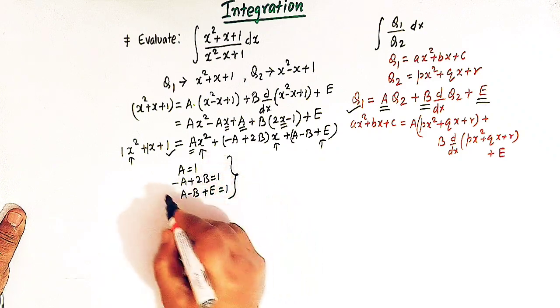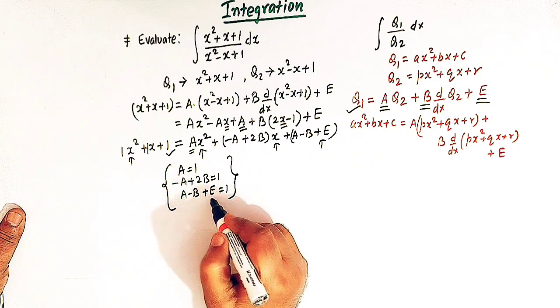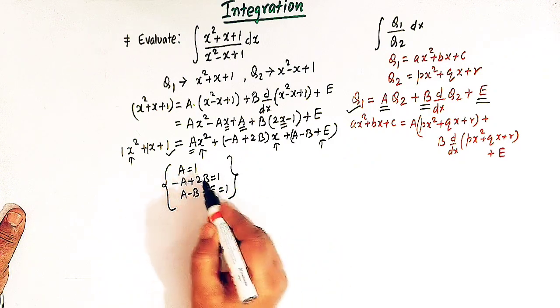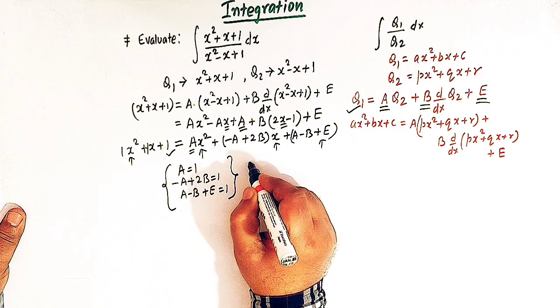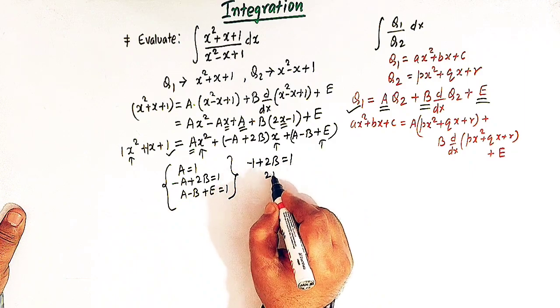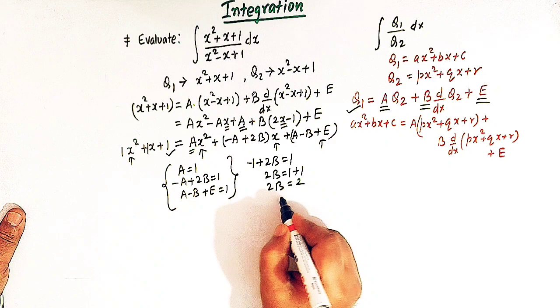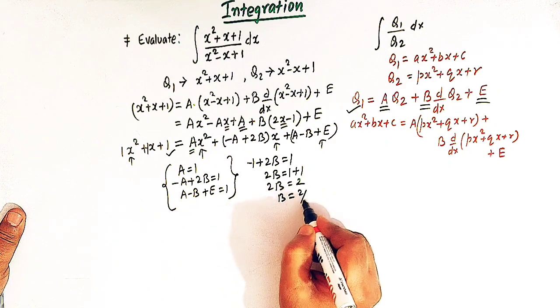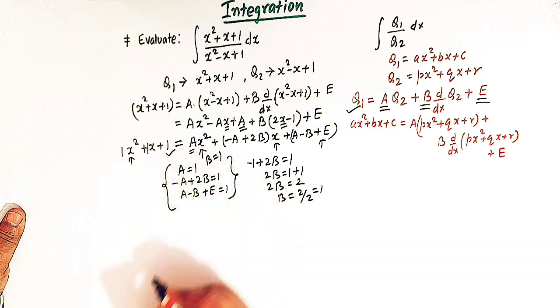So now we have three equations and three variables. So here a is 1. Taking a is equal to 1 in this equation, we have minus 1 plus 2b is equal to 1. So 2b is 1 plus 1. 2b is 2. So b is 2 over 2, that is 1, right? So the value of b is 1.